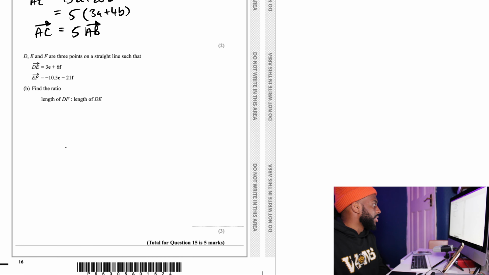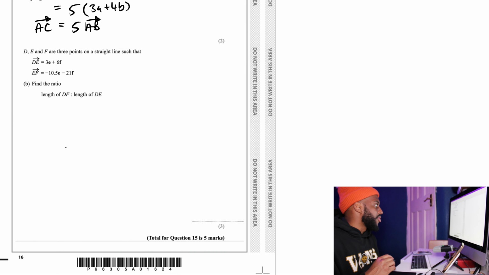Let's go on to B. So D, E, and F are 3 points in a straight line such that the following vectors, and they've mixed ratio into this. So we need to find the ratio of length of DF to the length of DE. So we know DF is going to be our DE plus EF. So let's write that in.